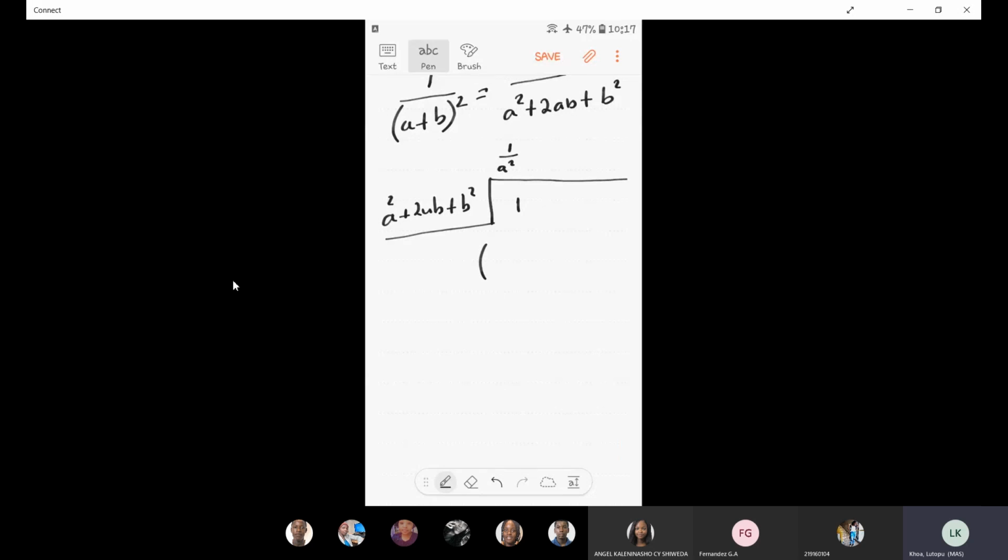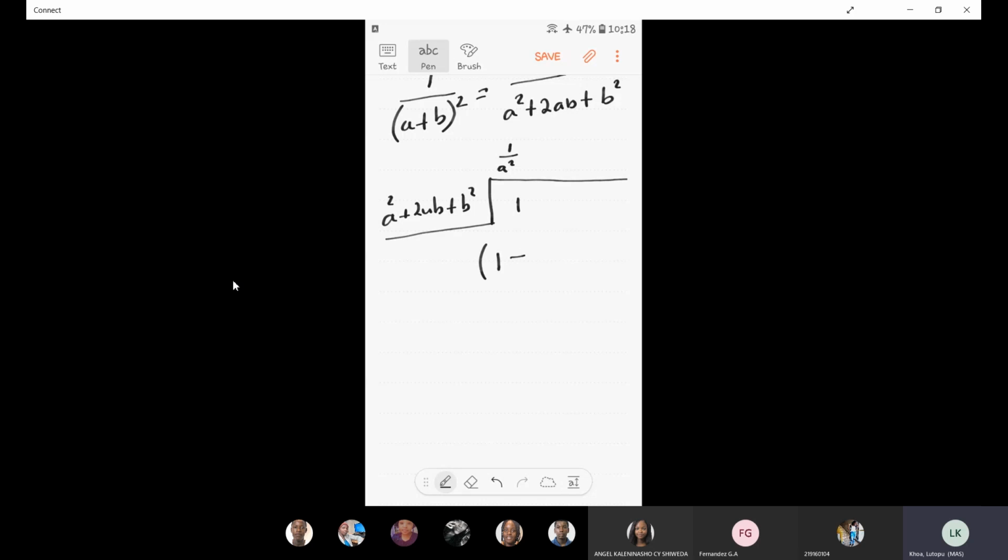Okay, so 1 over a squared times a squared, now I'm multiplying. So first procedure was this one, divide it, write it over there. Once it's written over there, then you multiply all the terms by whatever you wrote up there. So when I do the multiplication, I will get 1. And then I have 1 over a squared times 2ab. Notice that the a squared will cancel with the a. I will be left with 1a in the denominator.